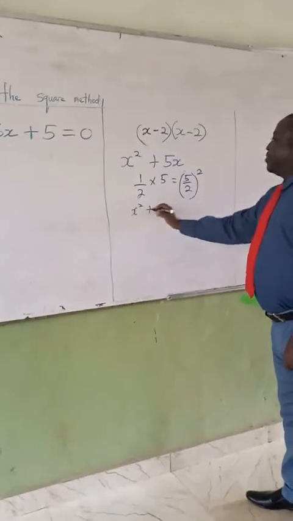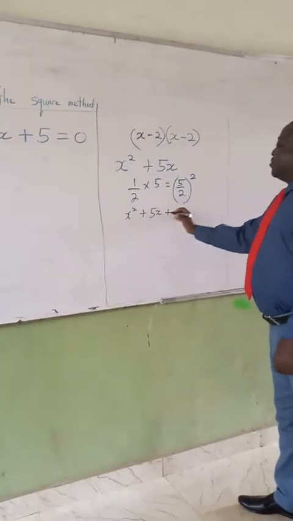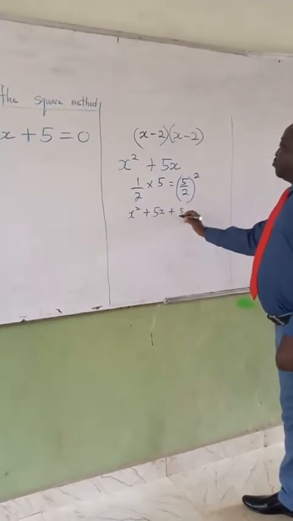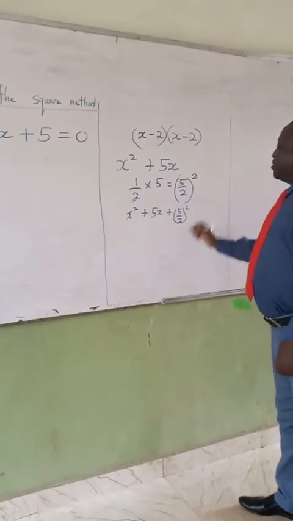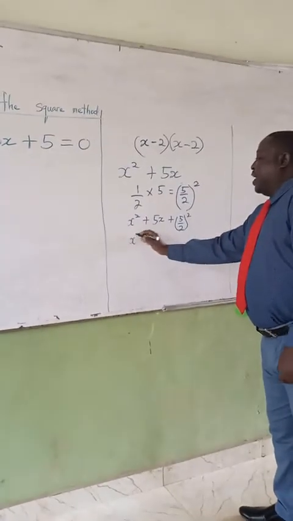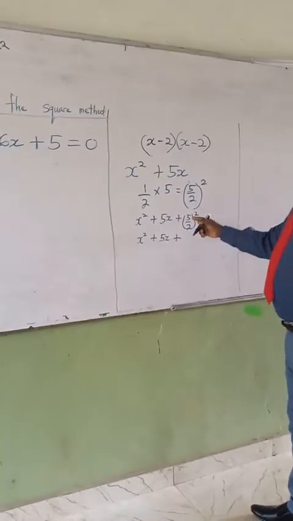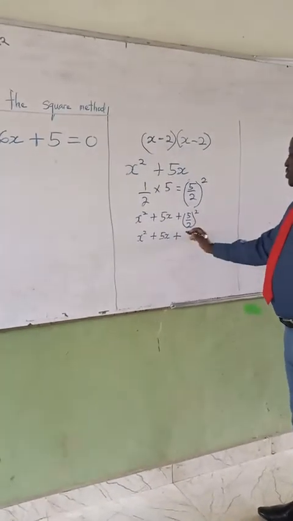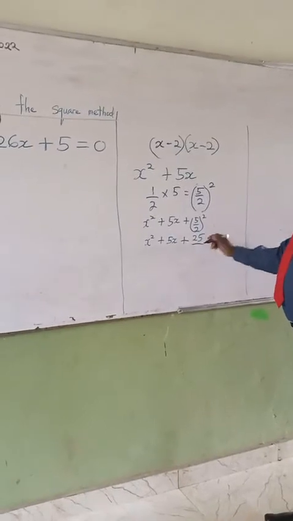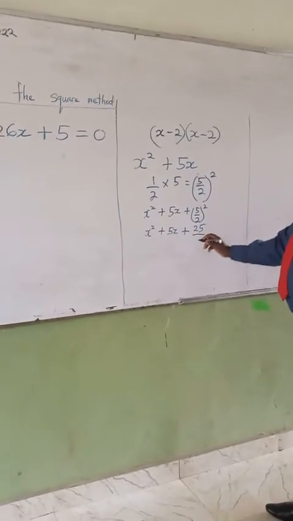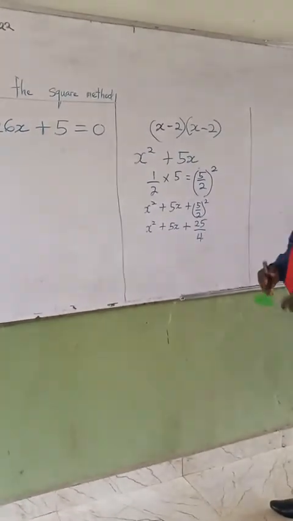x squared plus 5x plus (5/2)² is the same thing as x squared plus 5x plus 25 over 4.